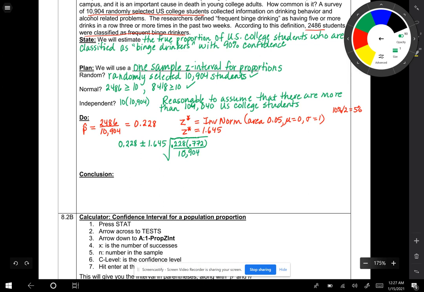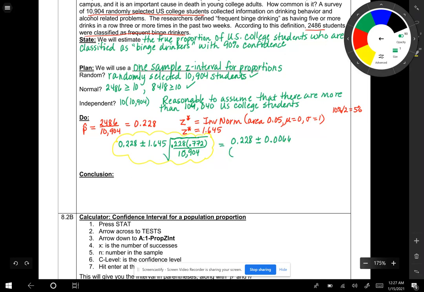Take the square root of that. So I ended up doing the math. I got 0.228 plus or minus, and I'm going to skip some of this stuff. And you totally can. Just definitely show this portion right here. So plus or minus 0.0066.